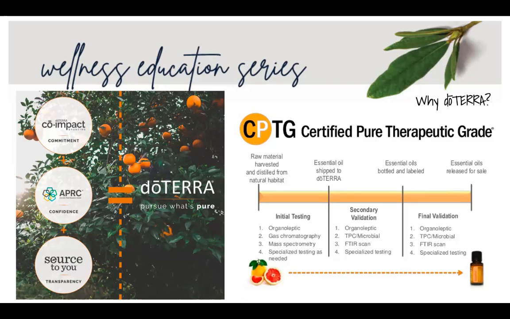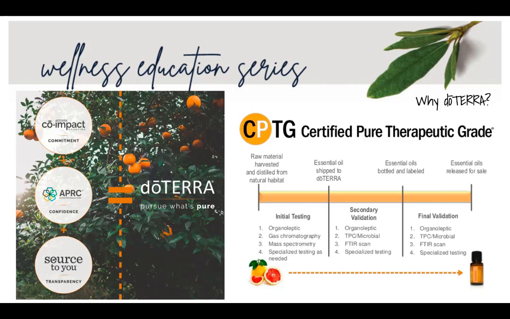So the raw material is harvested and distilled from its natural habitat. And then you see the initial testing. There's the 4 different initial tests. And if you Google it, you can find out more about these tests, and you can even watch them putting the oils through these tests.